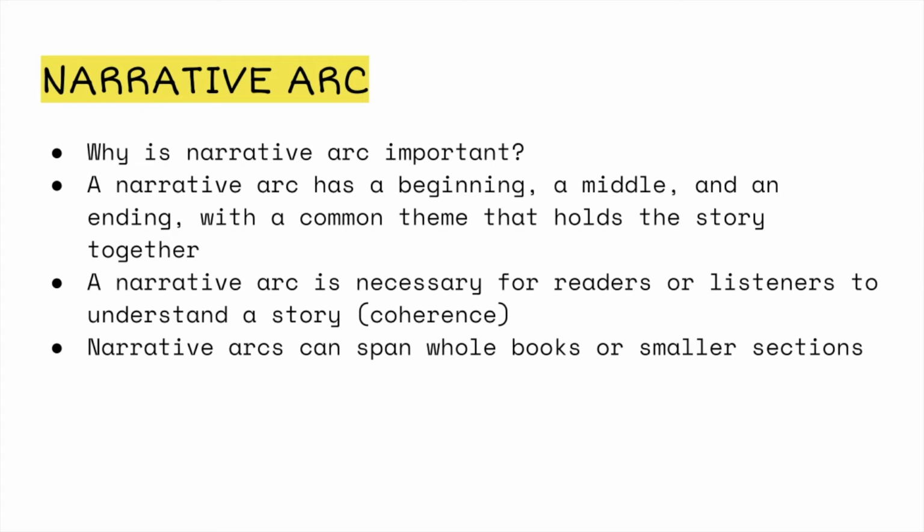If a story lacked coherence, then it would be very difficult to get meaning from that story, make sense of its purpose, right? Coherence basically just means that the aspects of the entire story make sense and that it's all connected, right? And that's essentially what a narrative arc helps with in storytelling, right? It is a very important aspect of storytelling.